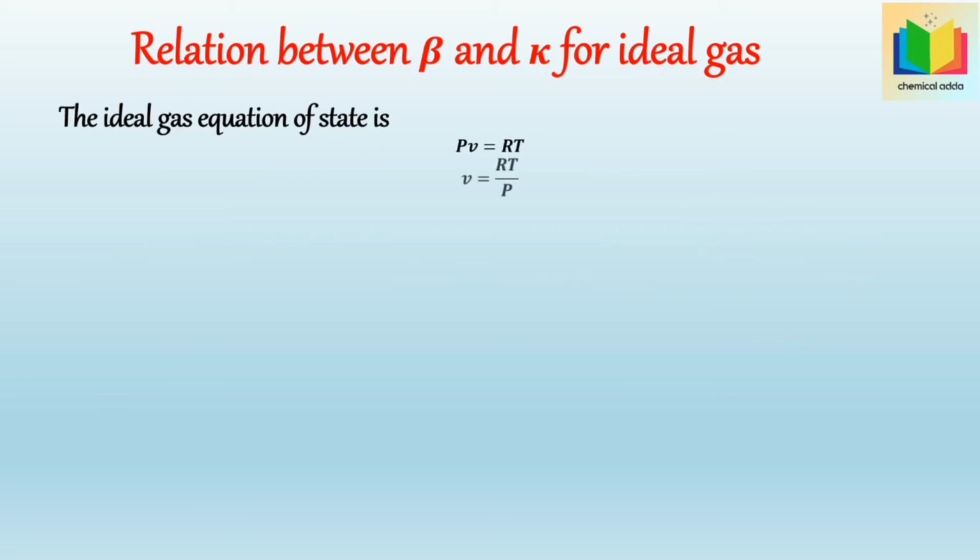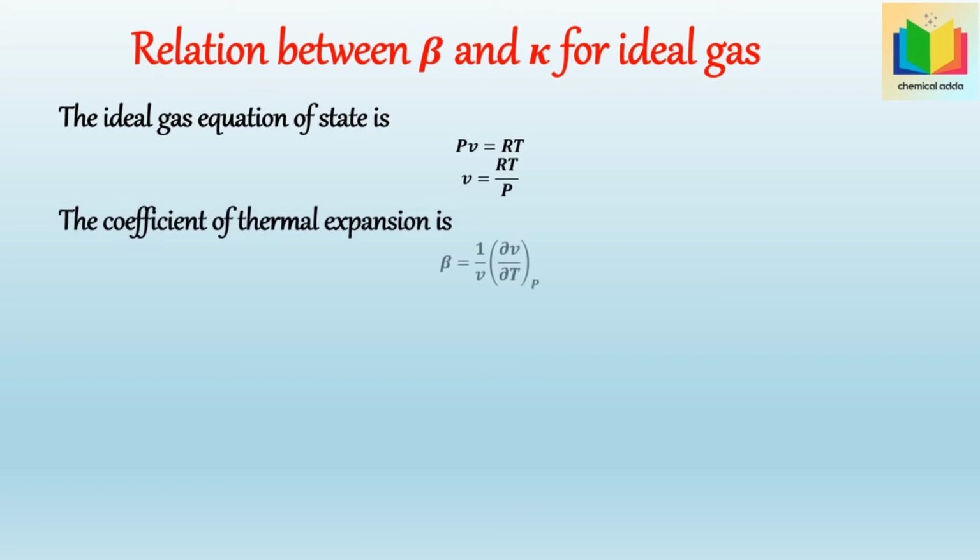Hence V is equal to RT by P. The coefficient of thermal expansion beta is equal to 1 by V into del V by del T at constant pressure. Then after putting the value of V from ideal gas equation and solving it, we get beta is equal to 1 by T.